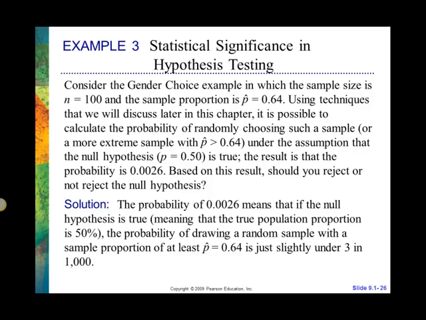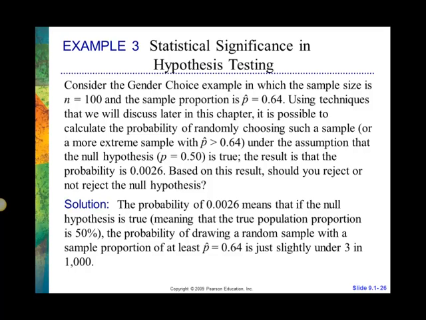And so again, they go back to these problems. So here we have our fertility probability again, where we're trying to get females, and they did their hypothesis test out, and they found that the probability of getting 64% of a random sample to be female was 0.0026. So they want to know, should we reject or not reject the null hypothesis?